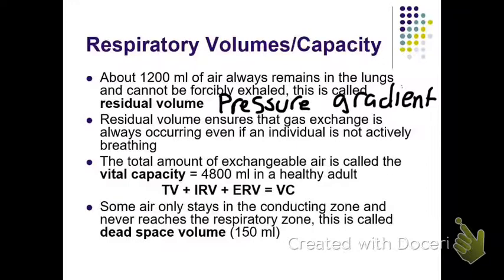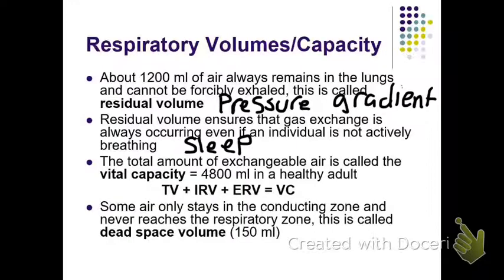And so it also ensures that we have the gas exchange when we aren't actively breathing. Now that may sound a little funny because breathing is an involuntary response, but perhaps when our breathing is slowed, such as during sleep, we always have that gas exchange.